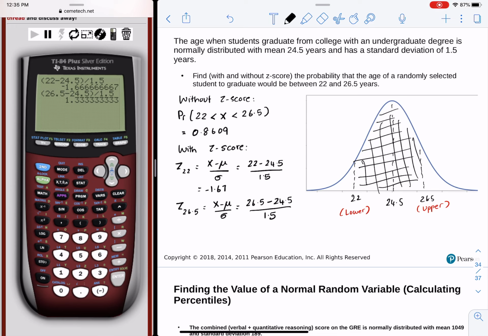And we get 1.33. So the probability that the age is between 22 and 26.5 is the same as the probability that the z-score is between negative 1.67 and 1.33.